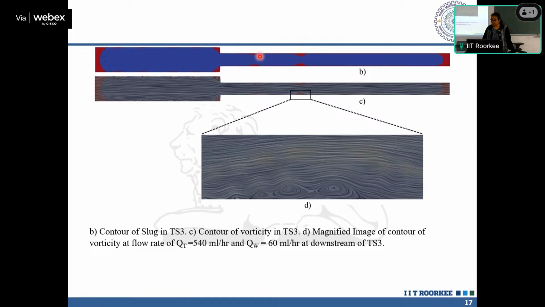And these waves you can see are very close to the wall, and they are giving you some circulation pattern. So there is circulation happening inside the film zone, as well as inside this slug zone also.